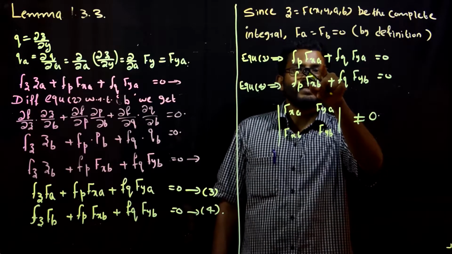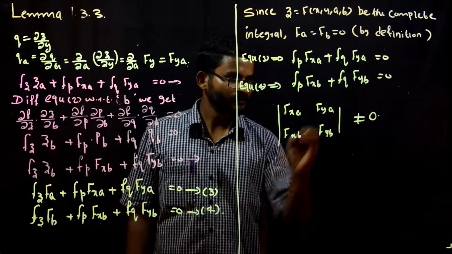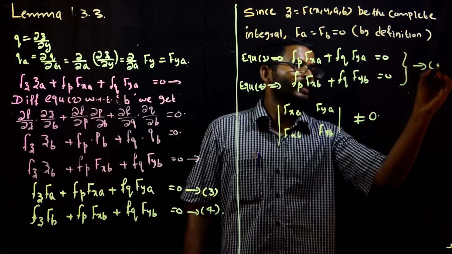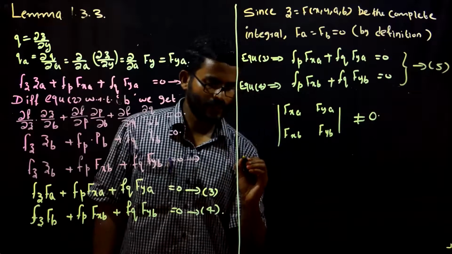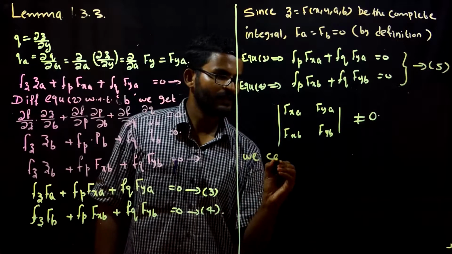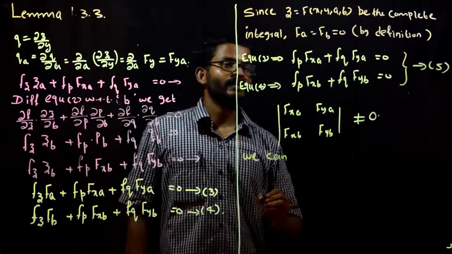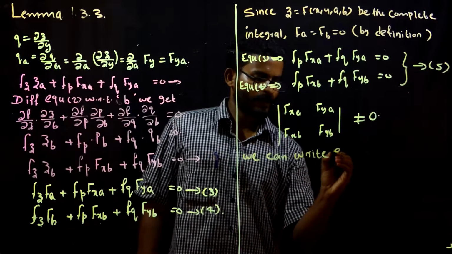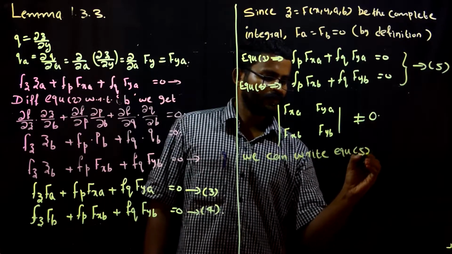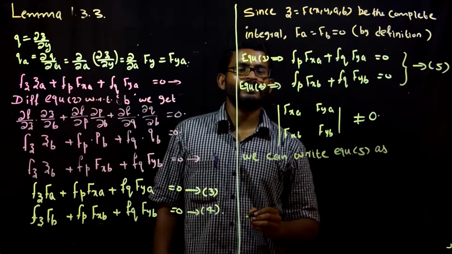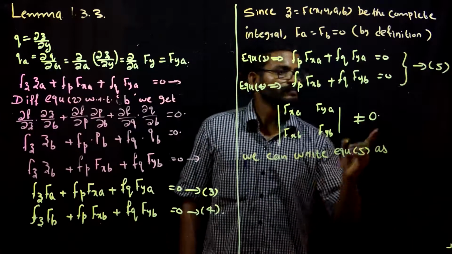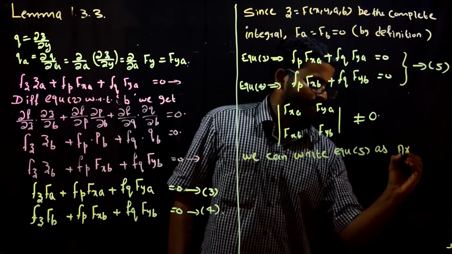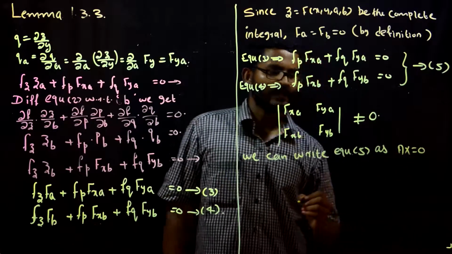That is, we can write this system, equation number 5, in AX equal to 0 format.